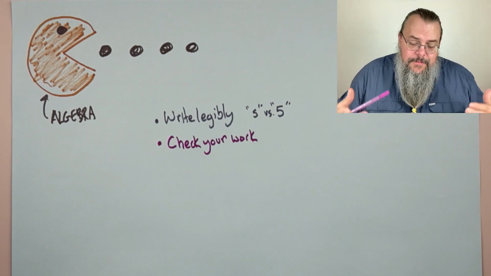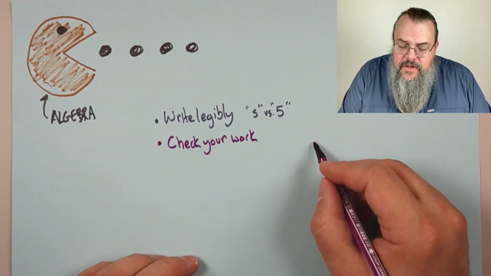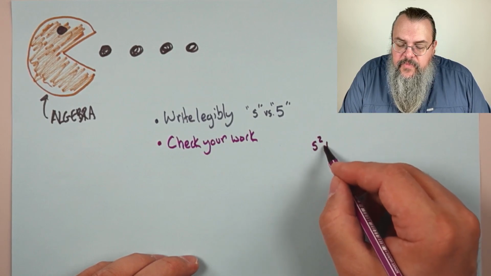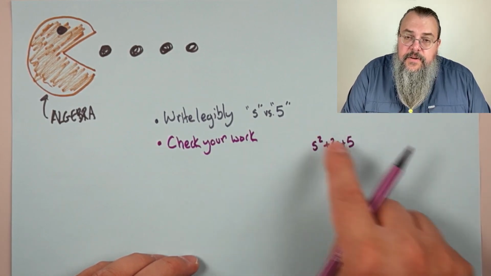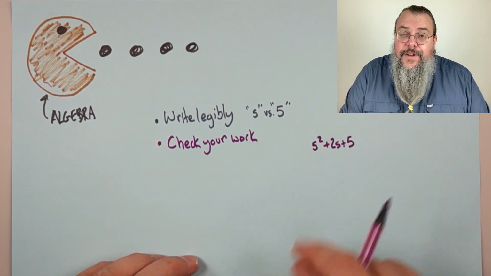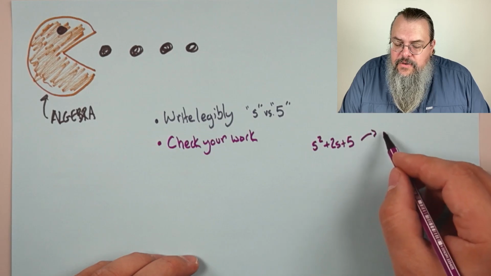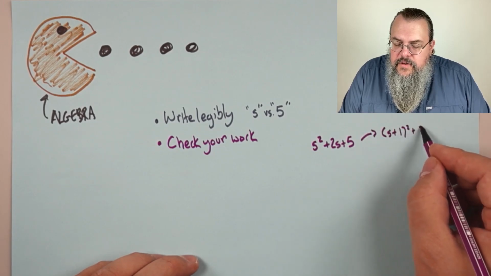So there was a time when I graded a problem which involved partial fractions, and in particular it had the following: s squared plus 2s plus 5. See, if you confused this 5 as an s, you're in trouble. And a large number of students wrote this as s plus 1 squared plus 2 squared.